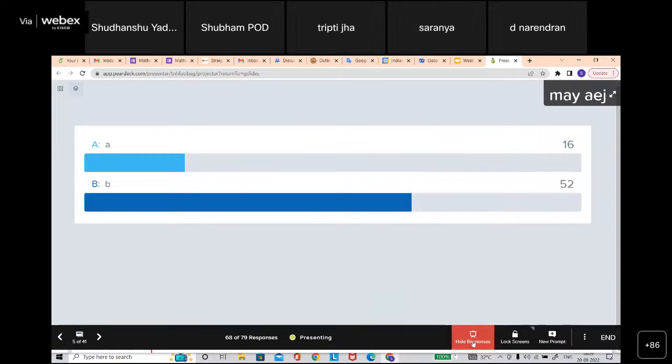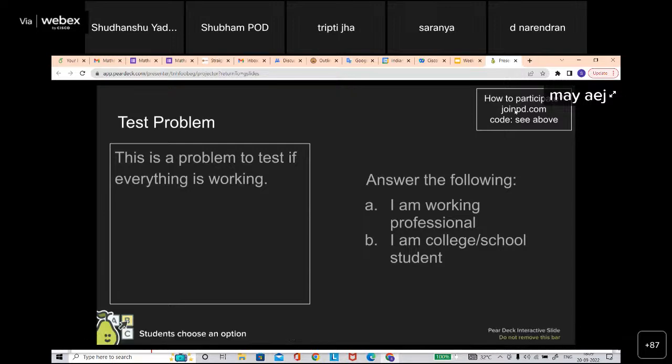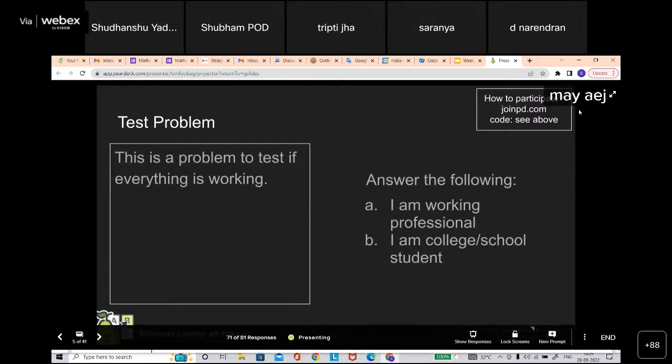Okay, let me show you. Just type joinpd.com on your Chrome. I have joined through WebEx, sir. No, no, in a new page I am saying, just open a new page in Chrome. Go to joinpd.com and type this code.